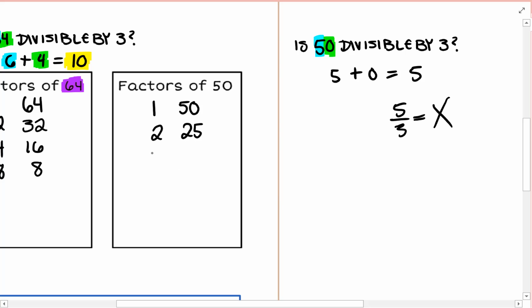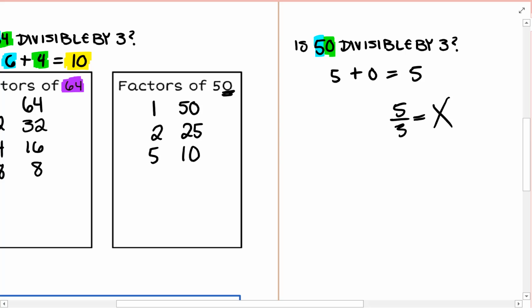What about 5? Yes, 5 is a factor if the number ends in 0 or 5. So that is a factor, and that would be 10. What about 6? Well, 3 is not a factor, so 6 cannot be either.